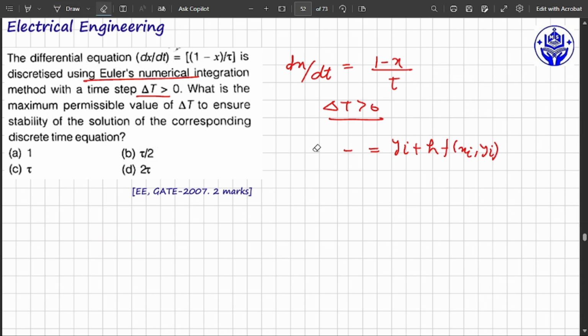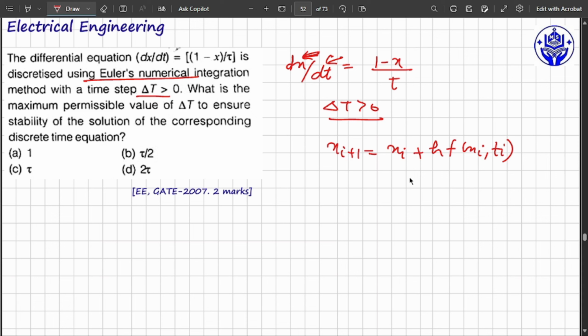Here it will be in the form of x, because this is the independent variable and this is the dependent variable. We are finding the value of x, so x i plus 1 is equal to x i plus h into f of x i and t i.